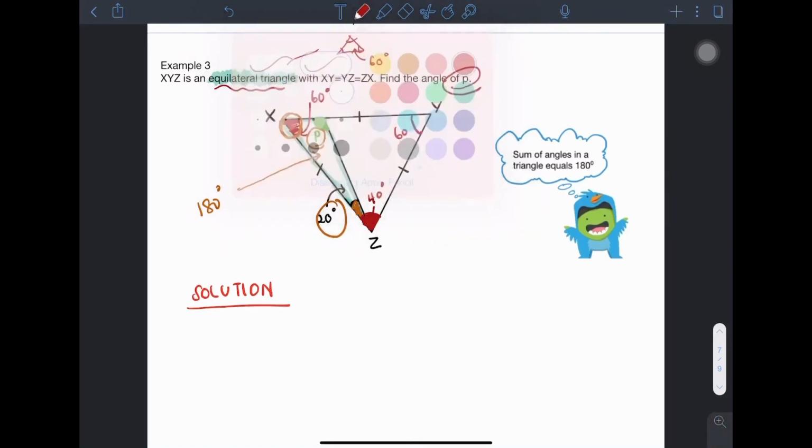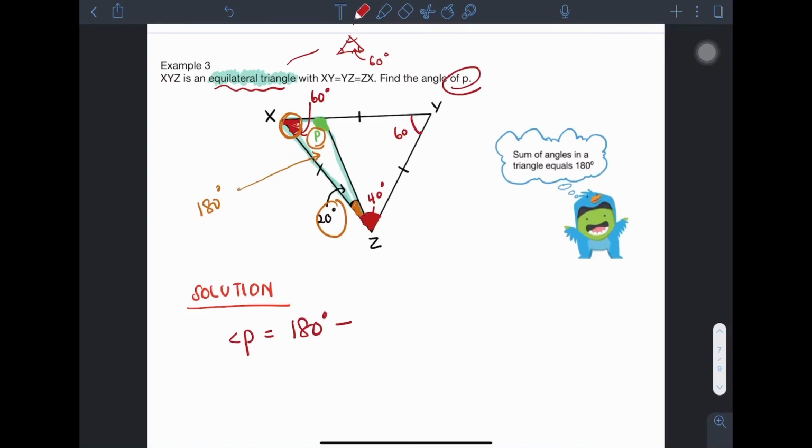To get P, we take 180 degrees minus 60, and then minus this angle, which is 20 degrees. So when you minus, maybe you want to do some calculation, and then you will get the answer is 100 degrees. So the angle of P is 100 degrees.